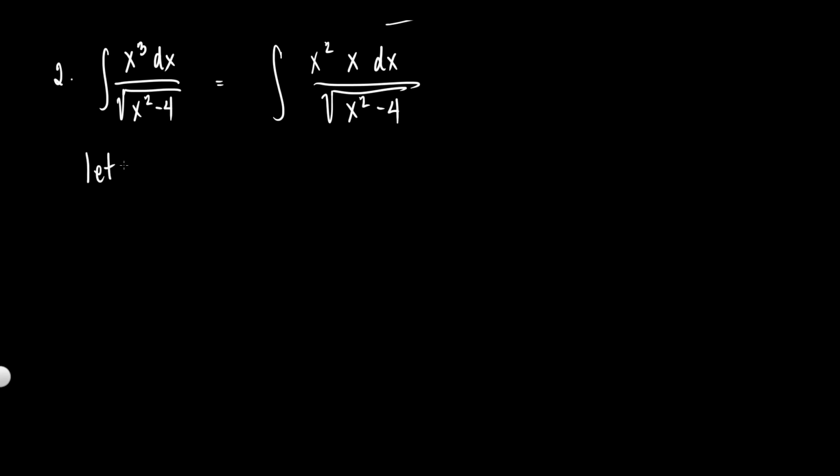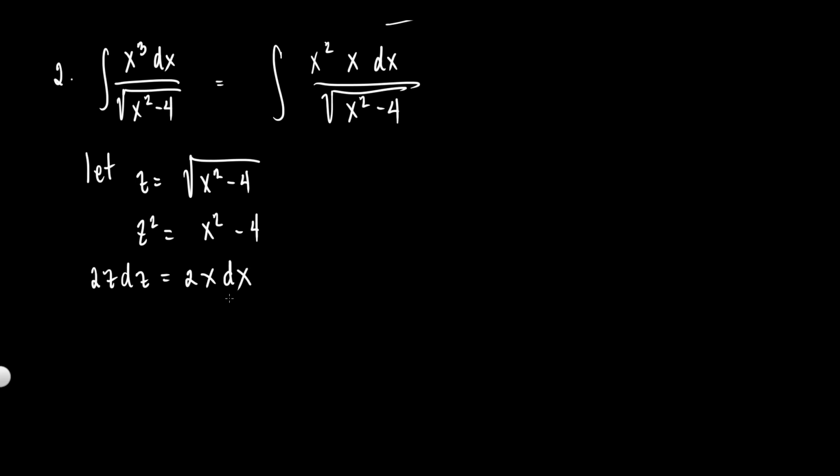Let's say z is equal to the square root of x squared minus 4. Squaring both sides, z squared is equal to x squared minus 4. Differentiating, we have 2z dz equals 2x dx, or cancel the 2, so z dz equals x dx.